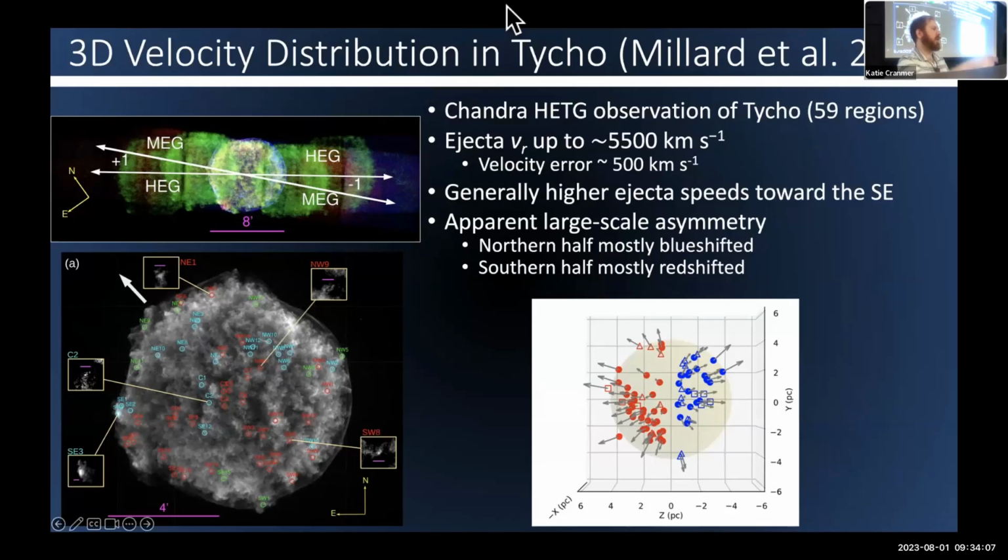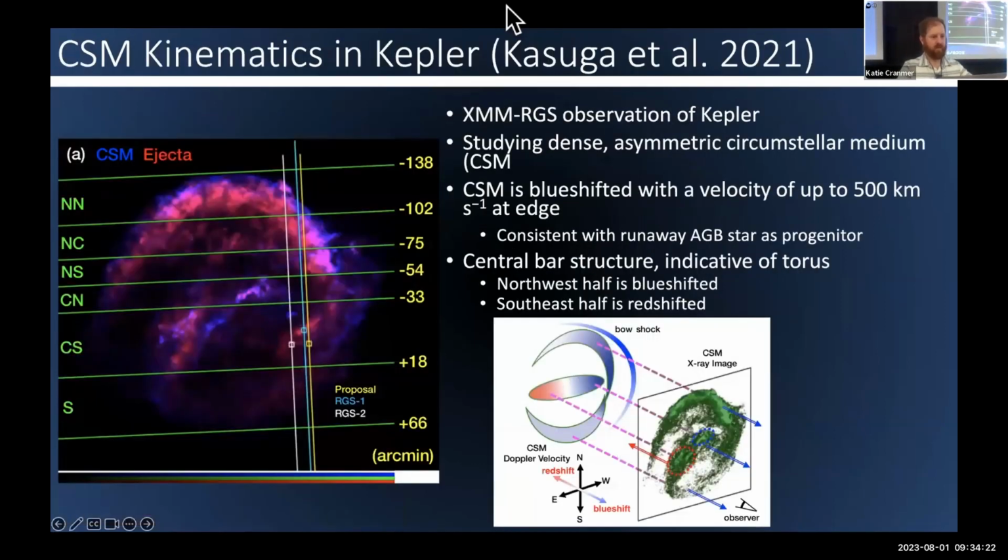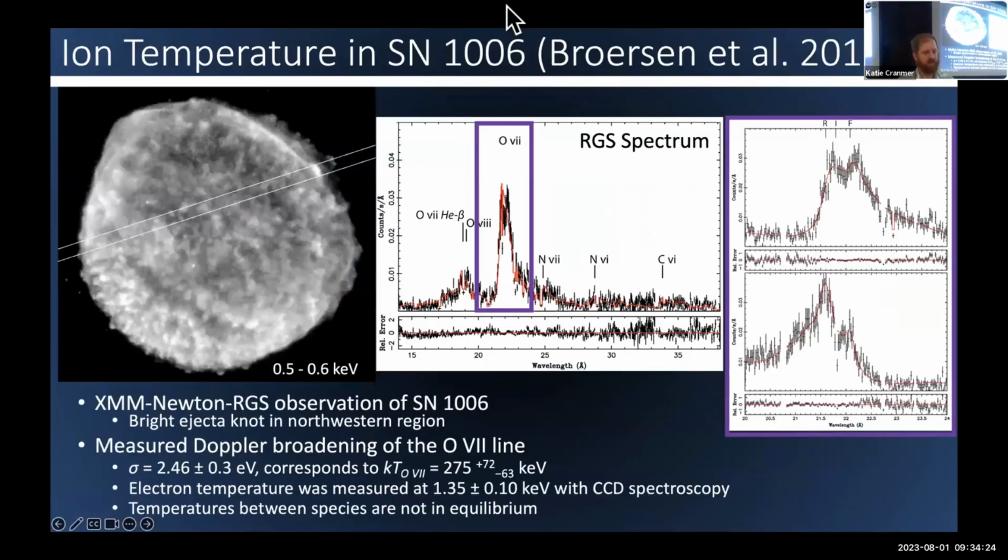But 275 keV is a really high temperature, and in the next line you mentioned a different temperature. Are both of these real temperatures? Yeah, one is the electron temperature and one is the ion temperature. So does that just mean they're not in equilibrium? Yeah, that's exactly it. Okay, I just wanted to be sure.